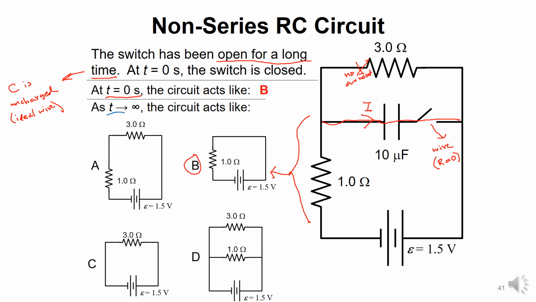What happens at time of infinity? What does that mean? That means the switch has been closed for a long time, and the capacitor is fully charged. When a capacitor is fully charged, it acts like a broken wire.